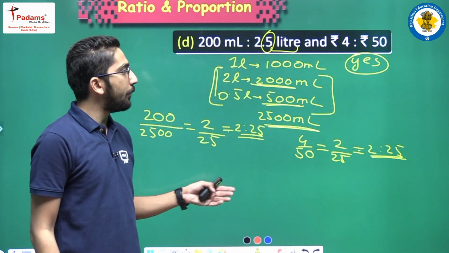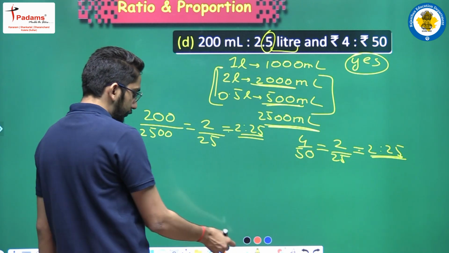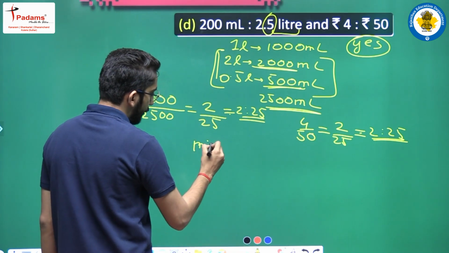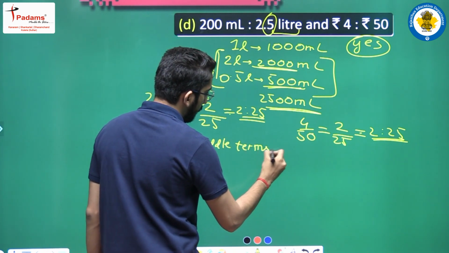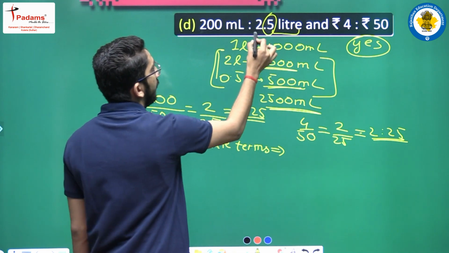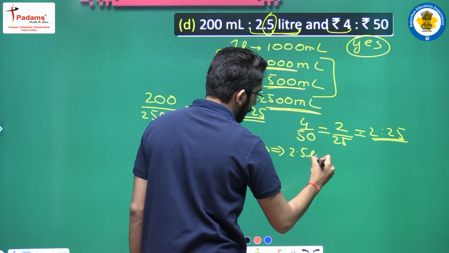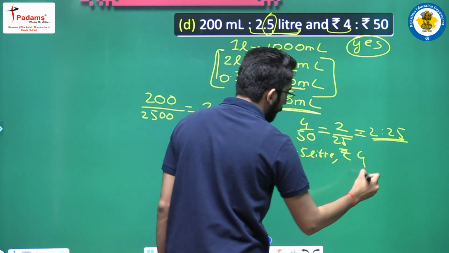और अब अगर ये proportion में है तो मुझे मिडल टर्म्स और एक्सट्रीम टर्म्स लिखने पड़ेंगे. So we can write that. First we will write the middle terms. So middle terms are 2.5 liter and ₹4.